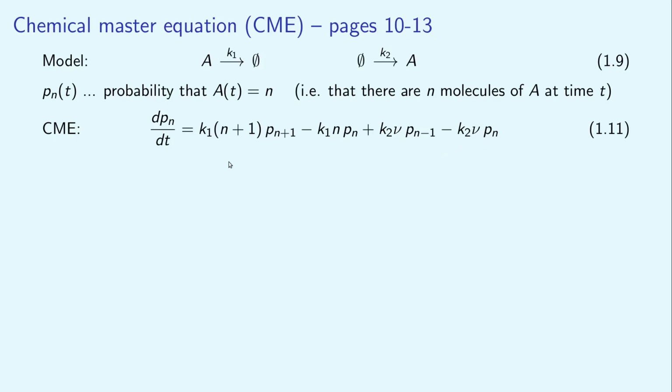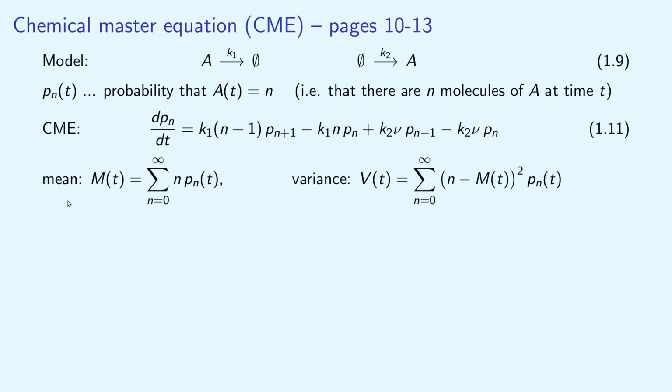Each chemical reaction corresponds to 2 terms on the right-hand side of the chemical master equation. This is the gain term and the loss term corresponding to the degradation reaction, and this is the gain term and the loss term corresponding to the production reaction. We are interested in the behavior of the mean and variance of the random variable A, which are defined as these sums.